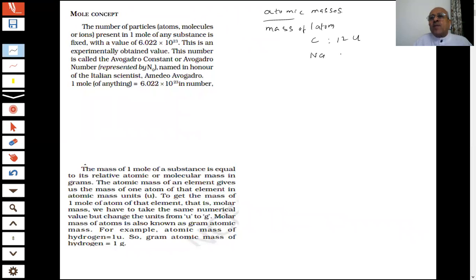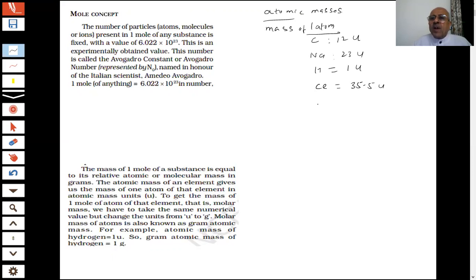Mass of one atom of sodium is 23 U. Mass of one atom of hydrogen is 1 U. Supposing, I have taken whole numbers. There could be some fractional values also. For example, for the mass of Cl, you are saying 35.5 U. This is the mass of one atom.